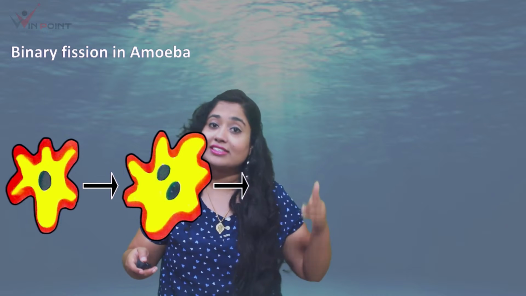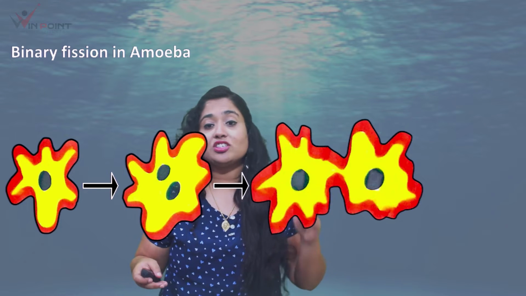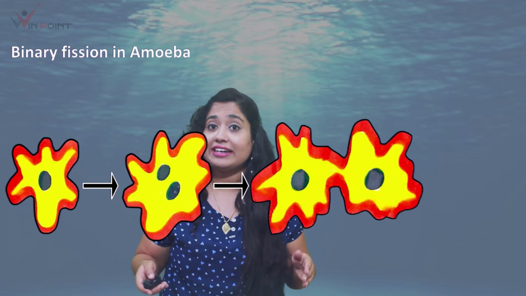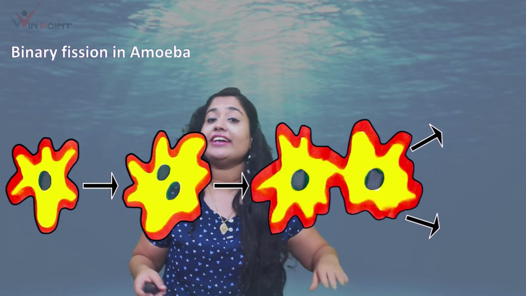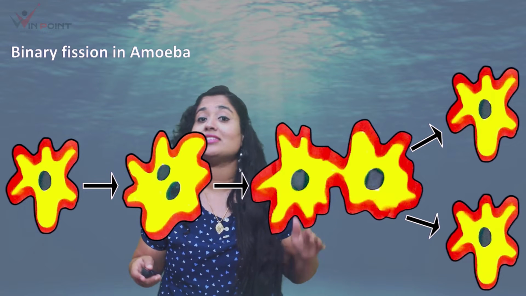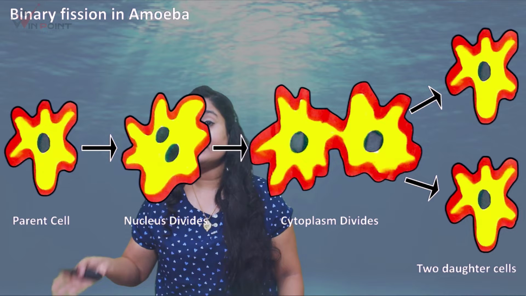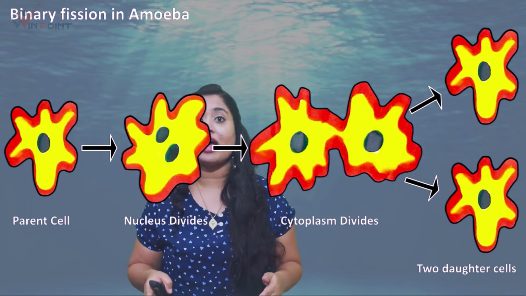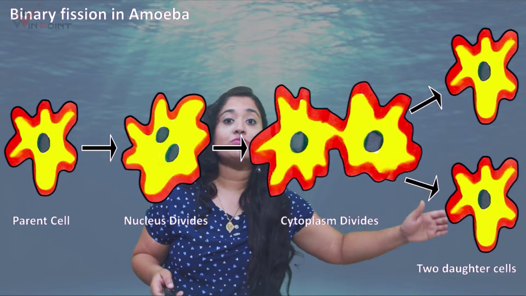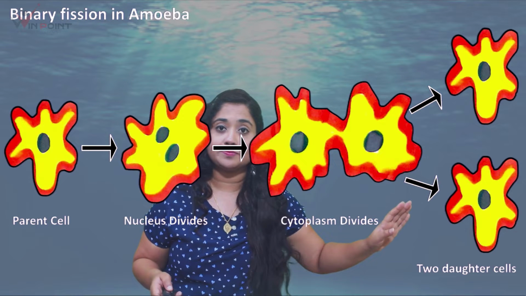Later on you can see that the cytoplasm had divided and it forms two cells which are still attached, and later on it splits into two daughter cells. So this is binary fission. Inside the parent cell, the nucleus will divide, and then the cytoplasm divides, and later it forms two daughter cells.